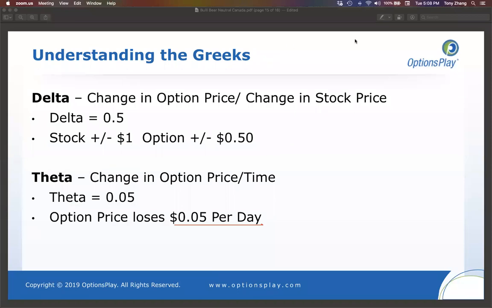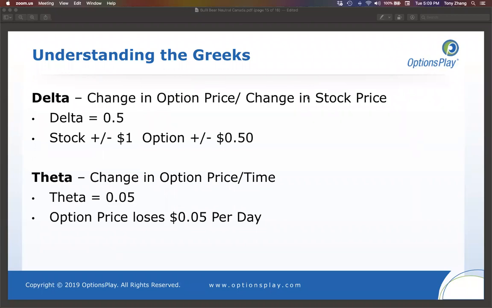The cost of buying back that option will decrease by 5 cents a day. But if the stock moves up by $1, then you would effectively negate 10 days worth of time decay with just a $1 movement in the underlying stock. So this is actually your biggest exposure. Whenever you're buying or selling any options, delta is your biggest exposure because just a $1 move in the stock offsets 10 days worth of time decay. So you are correct, but you also have to factor in delta.